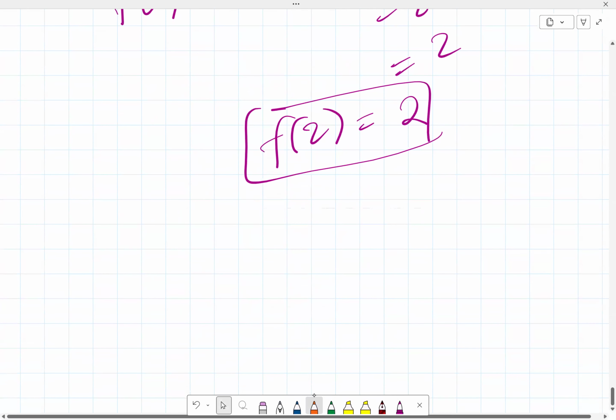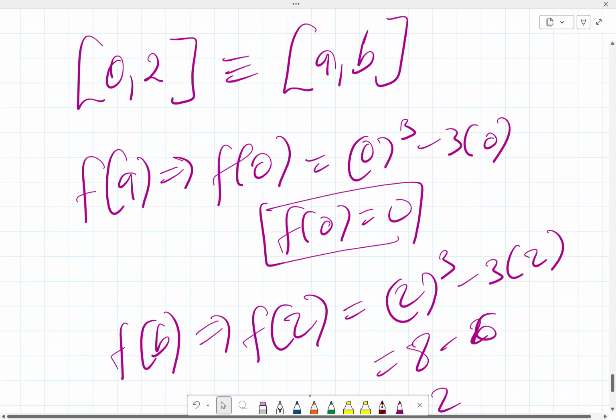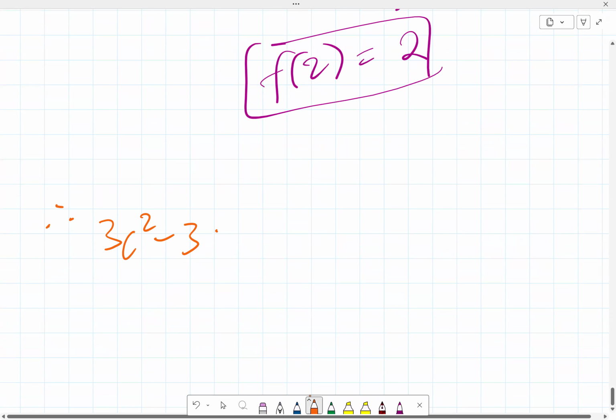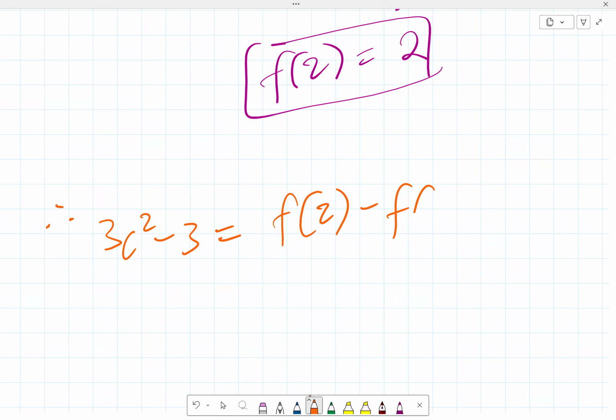So we can then finalize and say, therefore, f prime of c is 3c squared minus 3. So we have 3c squared minus 3 equals f of 2 minus f of 0 over 2 minus 0.